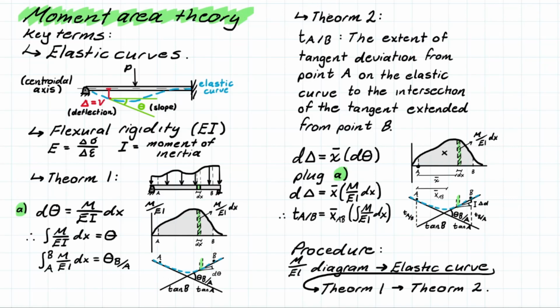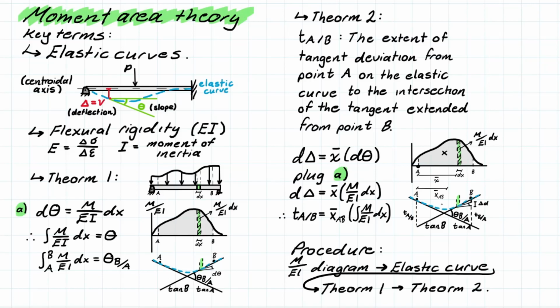Now, the second theorem is going to relate similar concepts to points in the M over EI diagram, but this time we're going to be looking at the change in deflection between two points. But first, if we look at a segment, the relationship says that if we take the change in slope times the distance with respect to the segment that we're looking at, we can solve for the change in deflection for that segment.